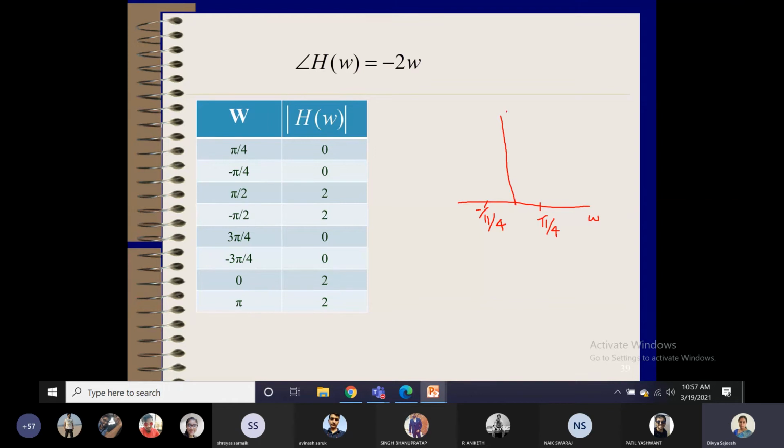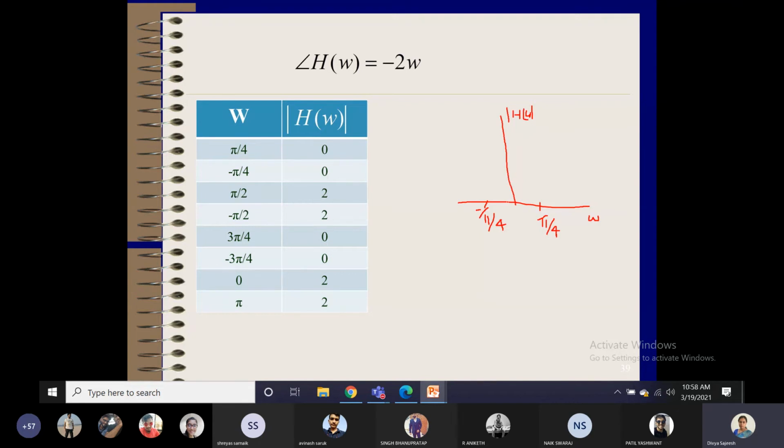On the y-axis the magnitude h of omega is plotted. So at minus pi by 4 and plus pi by 4 it is 0.